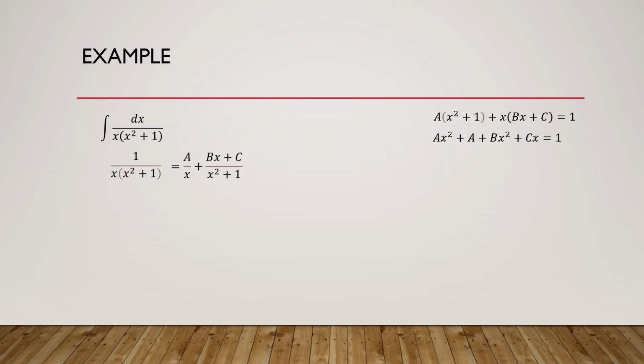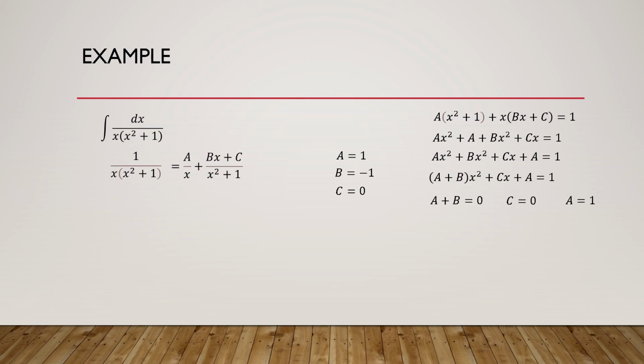Distribute to get Ax squared plus A plus Bx squared plus Cx equals 1. Group our like terms and factor the variables to get (A plus B) times x squared plus Cx plus A equals 1. Looking at the groups individually, A plus B equals 0, C equals 0, and A equals 1. This means B must equal negative 1.